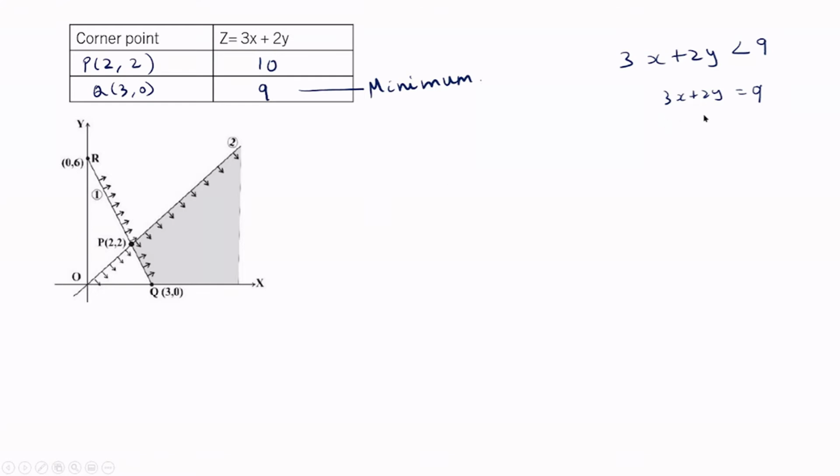So if we draw this line 3x plus 2y equal to 9, here this line does not cross the feasible region, but it just passes through the corner point Q(3, 0).